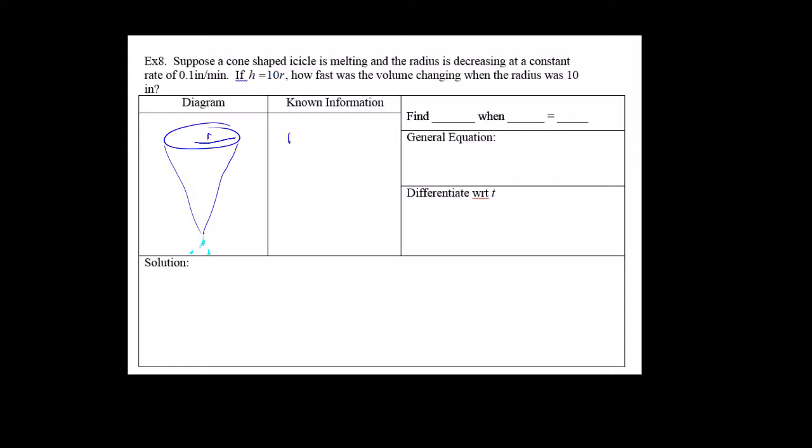So the change of our r, dr/dt, is negative because we're decreasing, in inches per minute. And what does it ask? It's asking us to find how fast the volume is changing, so dV/dt, when the radius is 10 inches.